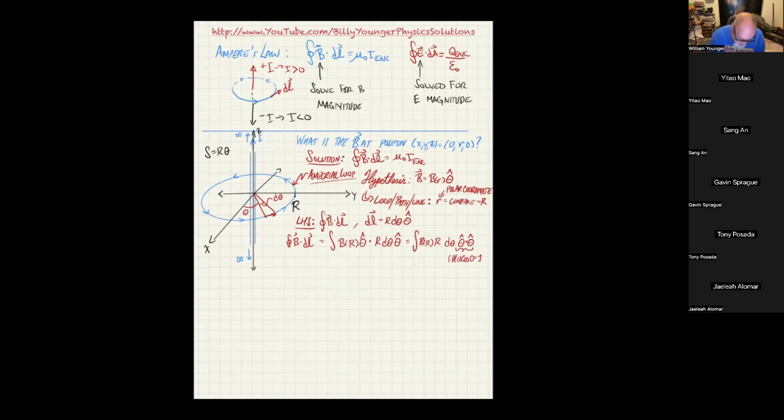So I'm going to say B of R times R times the integral of d theta, and theta goes from 0 to 2 pi, which gives us 2 pi R times B of R. So does everybody follow what the left-hand side is and how we got all that? Anybody have any questions on that?